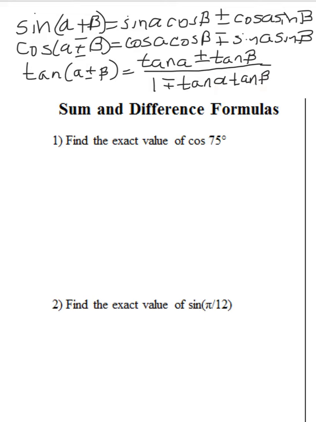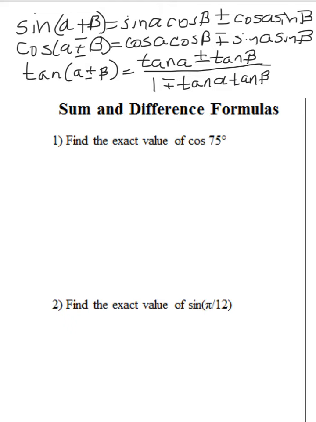Or we have tangent alpha minus tangent beta over 1 plus tangent alpha, tangent beta. So this looks like a lot of formulas, but you don't have to memorize them. They're on your formula chart. We're just going to use these formulas to help us evaluate, verify, and solve.